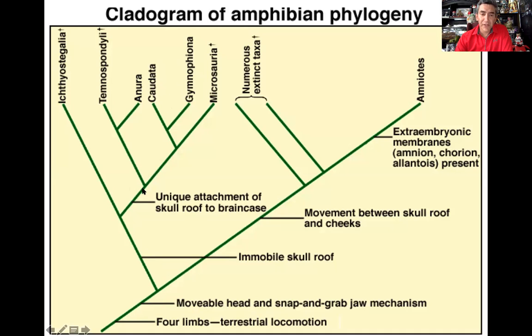They do have a common ancestor here, but they are going to be distinct forms, these two more closely related than this one. So these are the ones we're going to be focusing on. A lot of these others are extinct taxa, and the amniotes, which we're going to get into in the next chapters ahead.